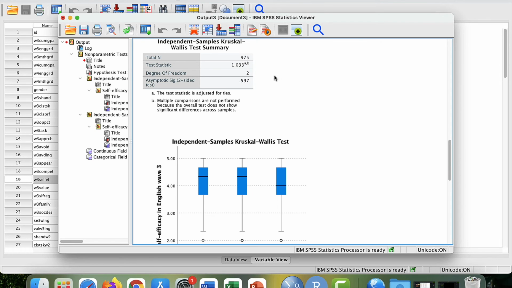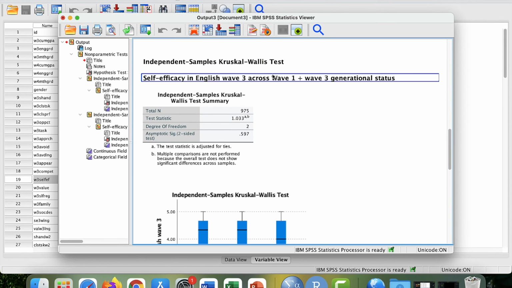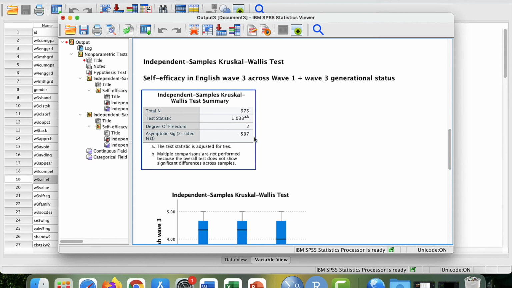The test statistic for the Kruskal-Wallis is 1.033. That is going to be smaller than our critical value, which we don't actually need to look up because SPSS already tells us whether it's statistically significant. It says it is not. The test statistic is adjusted for ties.